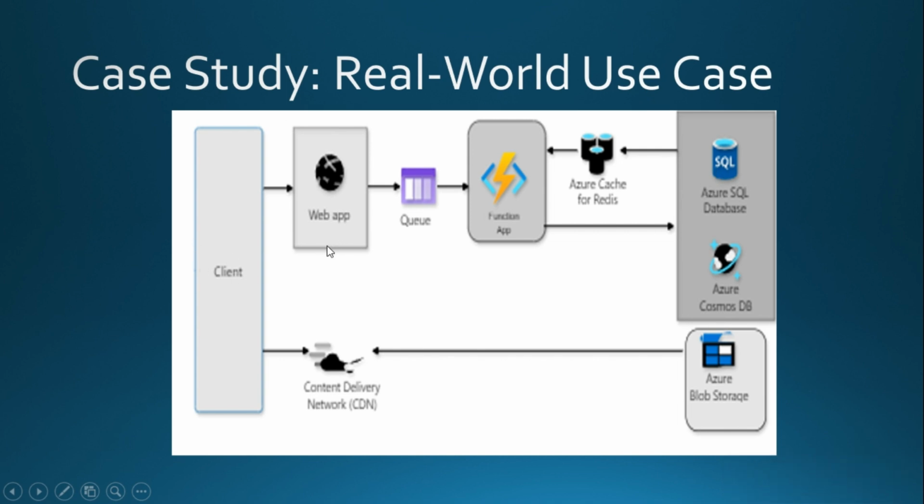Whenever a user tries to do some operation on the web application, that web application pushes a message into the queue, and then that Azure function, which is configured as a queue trigger, will listen to those messages and process them into multiple data sources, here Azure SQL Database and Azure Cosmos DB. So asynchronously, it picks up the message, reads the message, and processes it. So the web application does not need to wait for this complete process to be completed.